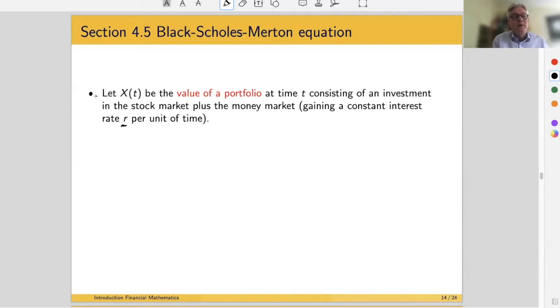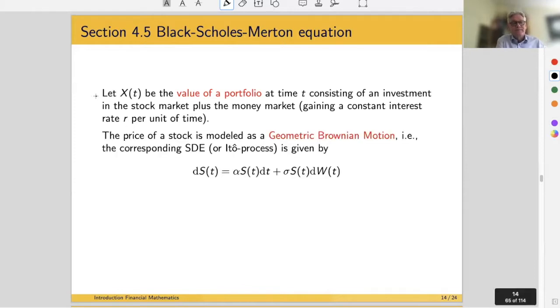For now, we will first look at the dynamics of this portfolio Xt. The basis for the price of the stock is the geometric Brownian motion, GBM, which we have just discussed, and the corresponding SDE was given like this: dSt is alpha St dt plus sigma St dWt.